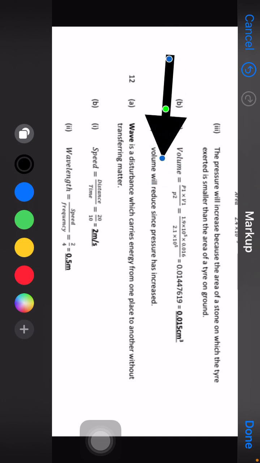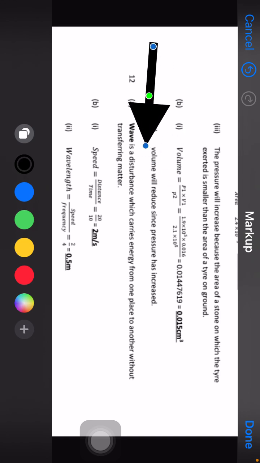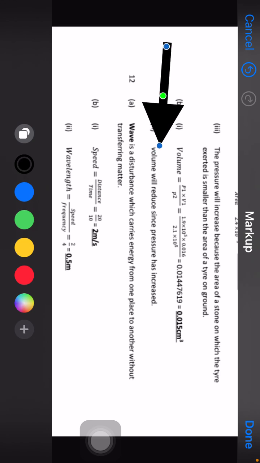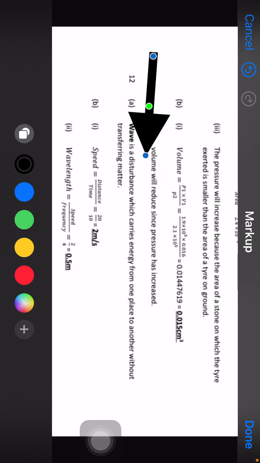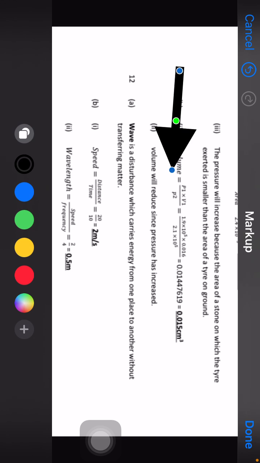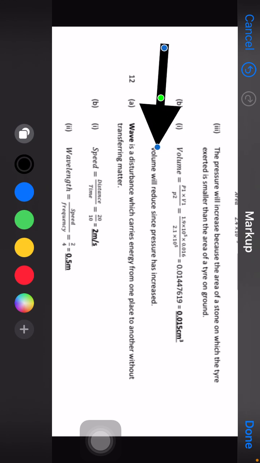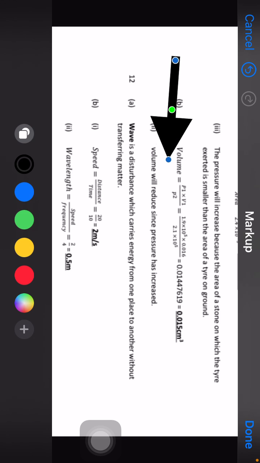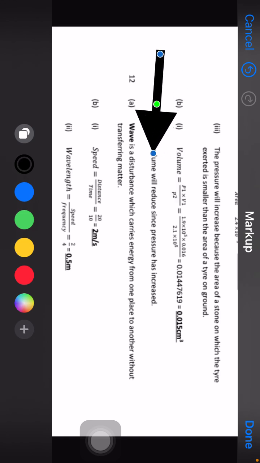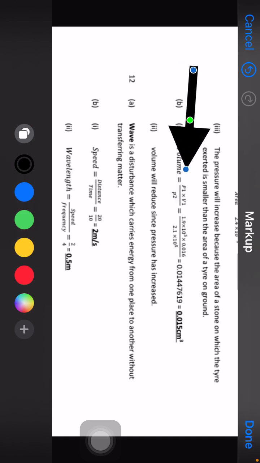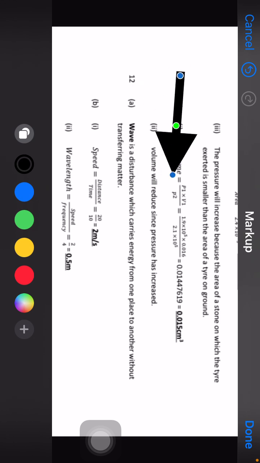Now, in that table in the question, we were given three things. Number 1, pressure 1. Volume 1. And also pressure 2. We were not given volume 2. So for you to find volume 2, what you need to do is divide by pressure 2 on both sides. So that where there's pressure 2, it will cancel, and you divide this side by pressure 2 as well. We'll get this formula.